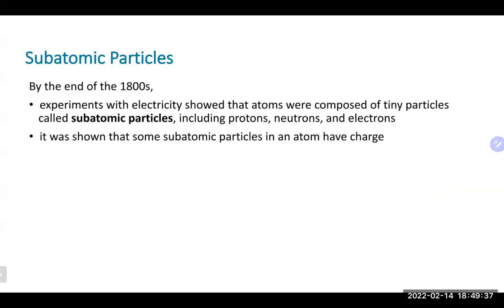A little bit about the subatomic particles. As I mentioned before, we have our protons, our electrons, and our neutrons. Protons are positively charged, neutrons have no charge, and electrons are negative. One important aspect that helps people understand the nature of the atom is a very simple concept that we see a lot in chemistry, and that is, much like in life, opposites attract.